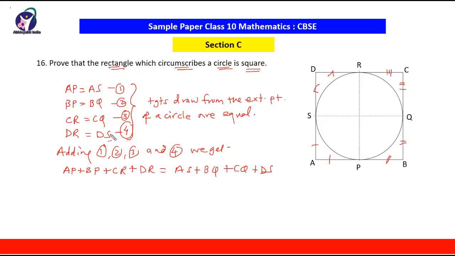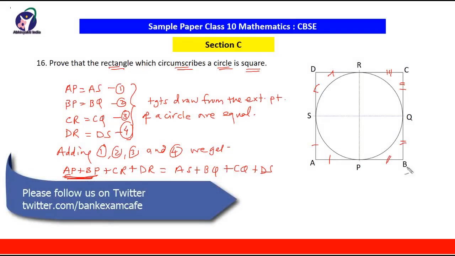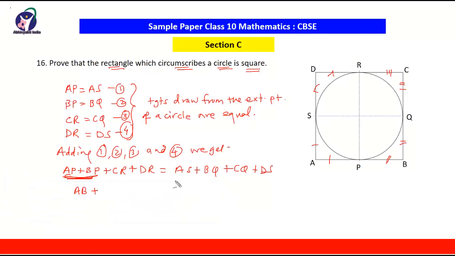Now we will combine two line segments. AP plus PB will give you AB. CR plus DR together will give you CD.